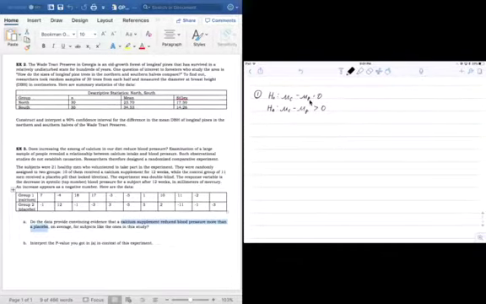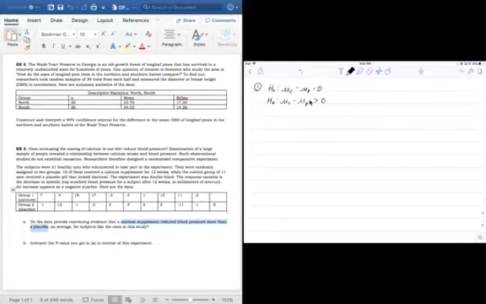Now, we also have to state what our parameters are. So we have to tell them mu sub c is going to be the true mean decrease in systolic blood pressure.